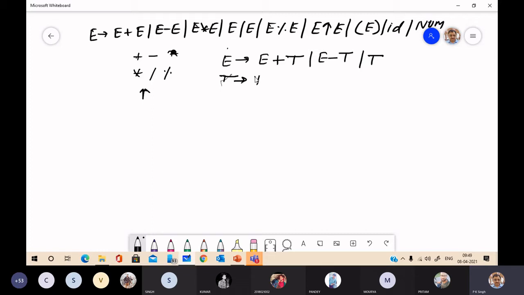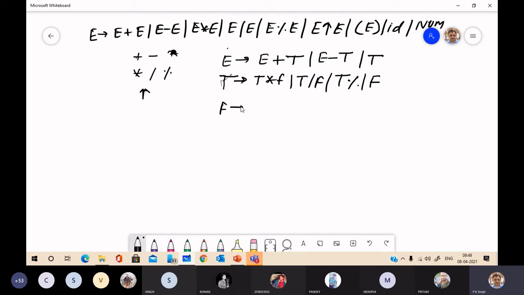T into F, T by F, T. In the case of left recursive, because both sets of operators are left recursive.